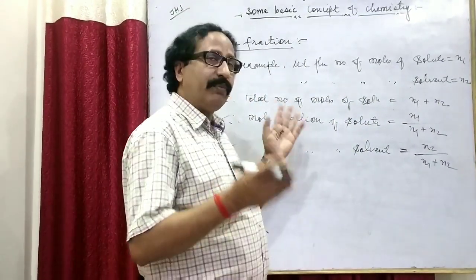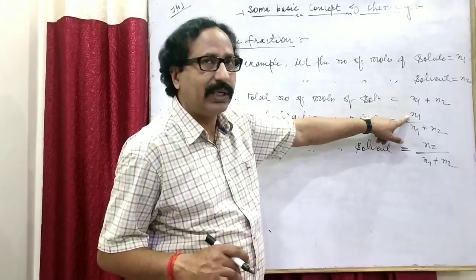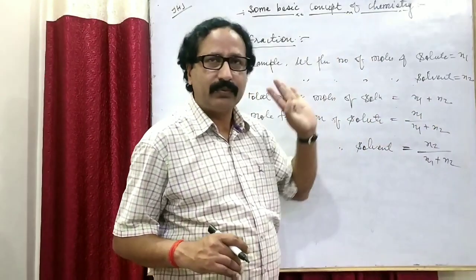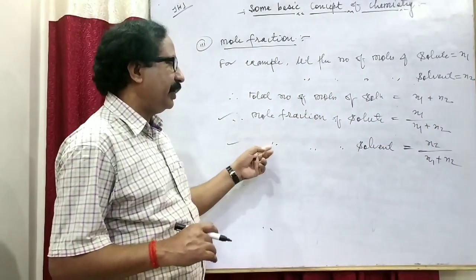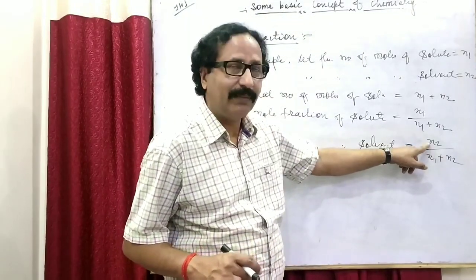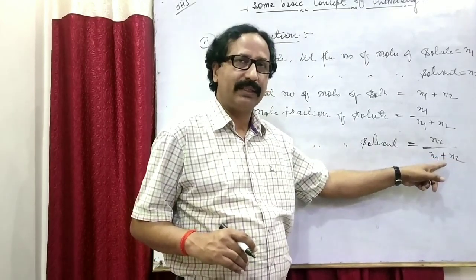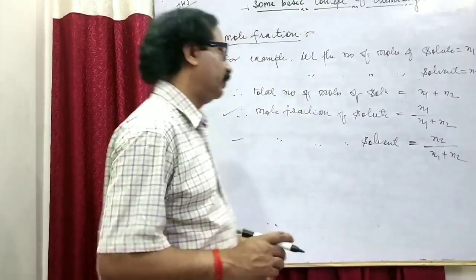For mole fraction of solute, we take the number of moles of solute upon total number of moles of solution. In the same way, for mole fraction of solvent, number of moles of solvent whole upon N1 plus N2.